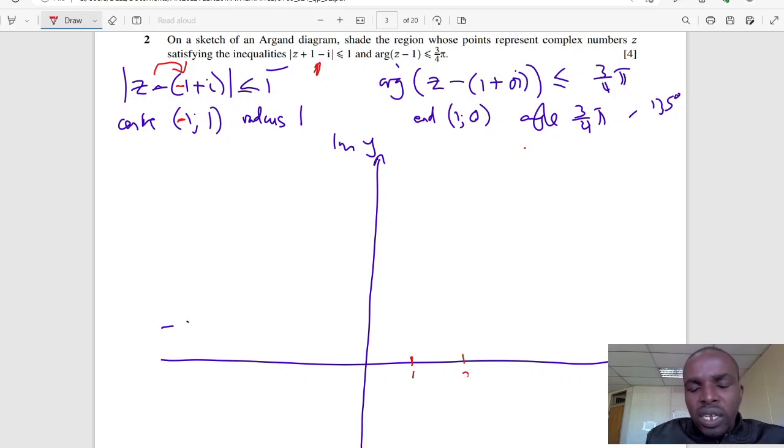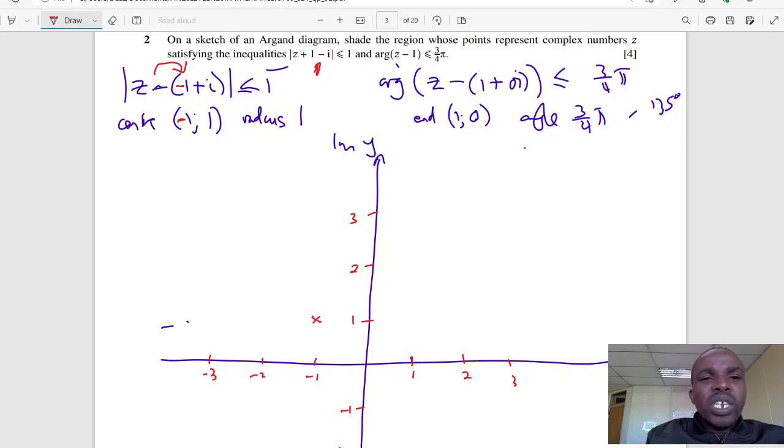I can say 1, 2, 3, -1, -2, -3 on the x, and on the y, 1, 2, 3, -1, and just end at -2. So the first part is a circle, center -1, 1, having radius of 1.